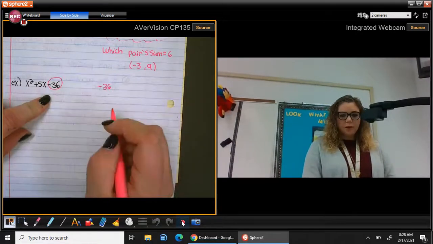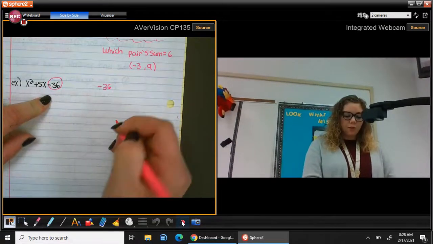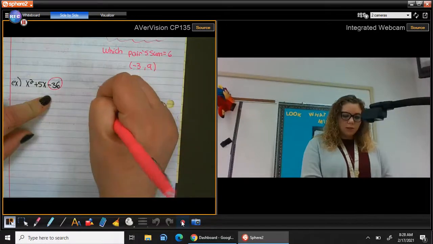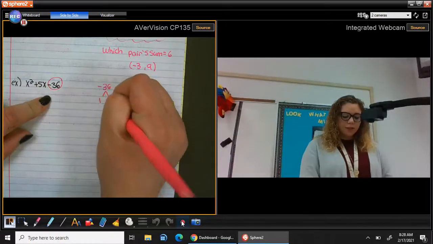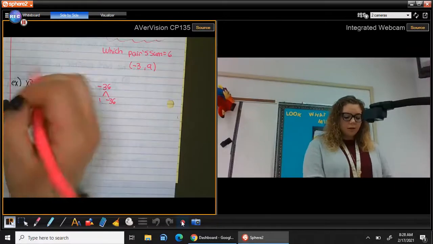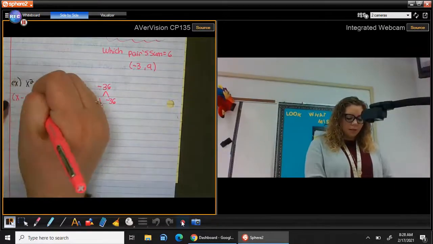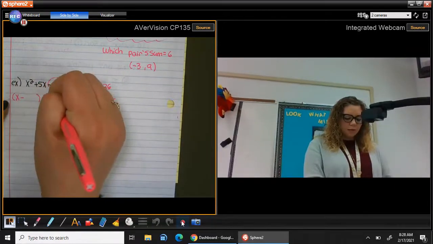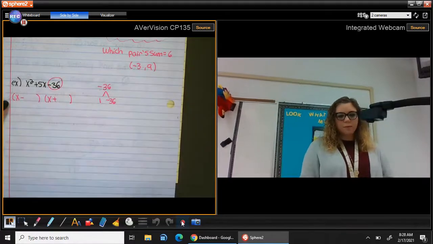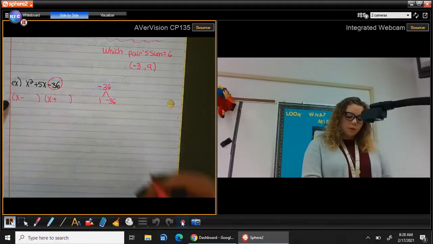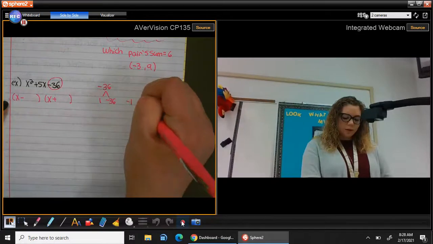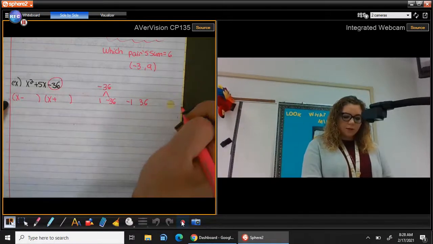I'm always going to start with 1. 1 times negative 36. Now notice how this is negative. So again, I'm going to have one negative and one value that is positive. So I'm also going to have negative 1 and 36, which would give me negative 36.